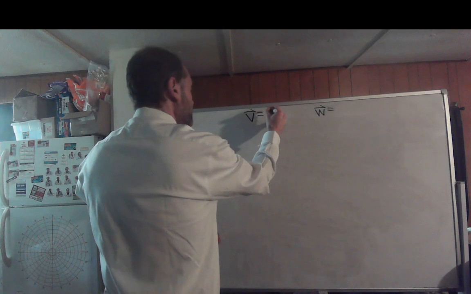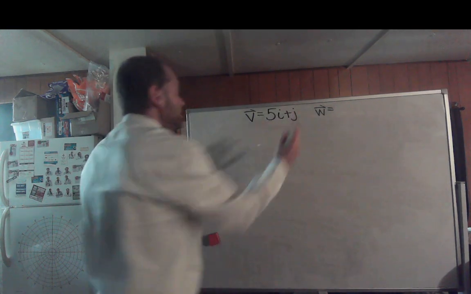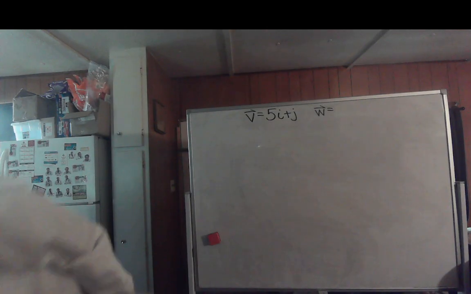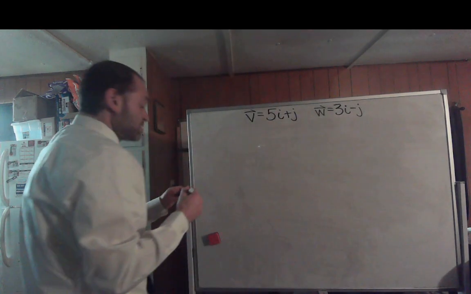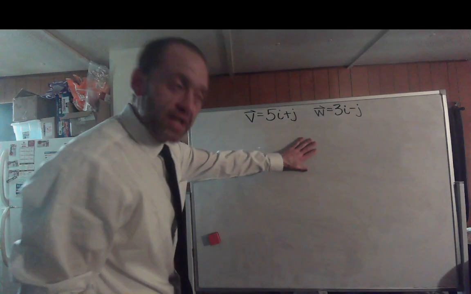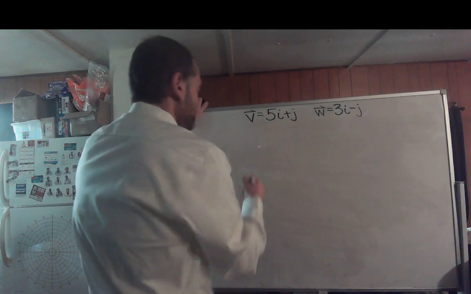All right, vector v is 5i plus j. Vector w is going to be 3i minus j. So we have it in linear combination form, which we know is the same as component form, just a different way of expressing it.